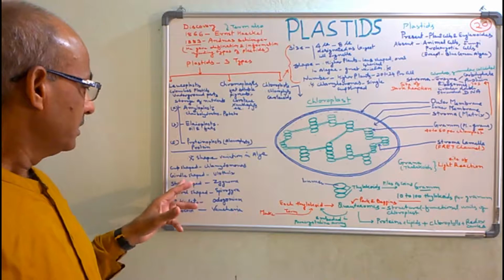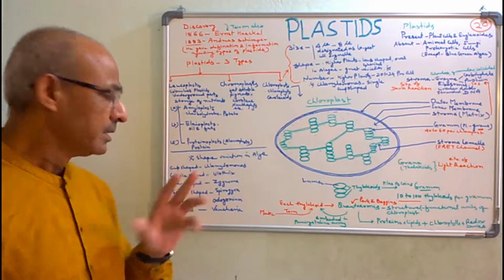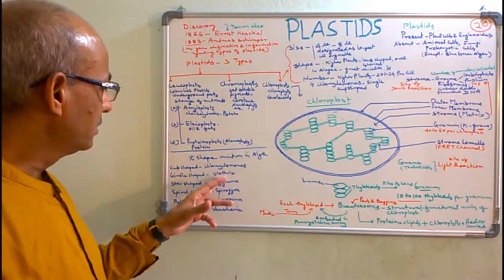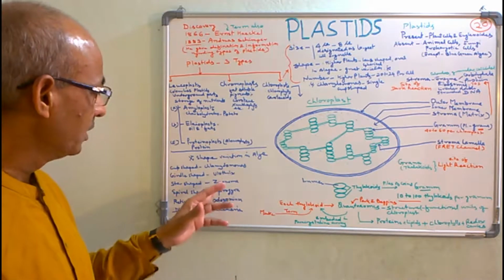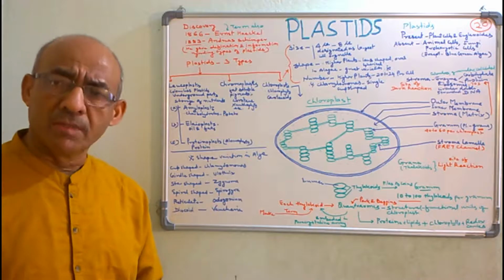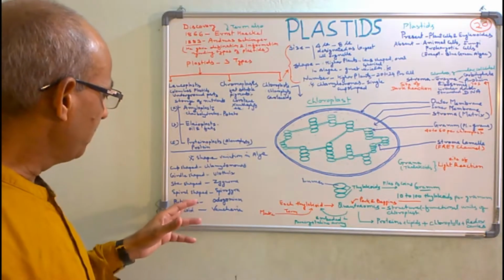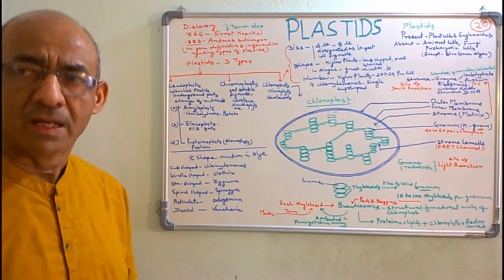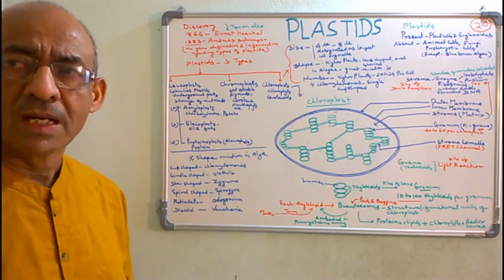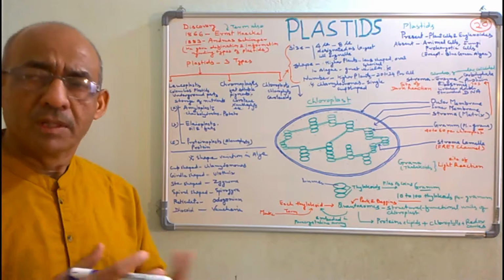Likewise, they may be girdle-shaped. Example is Ulothrix. They may be star-shaped. Example is Zygnema. They may be spiral-shaped. Its example is Spirogyra. In Spirogyra, they may be ribbon-shaped also.